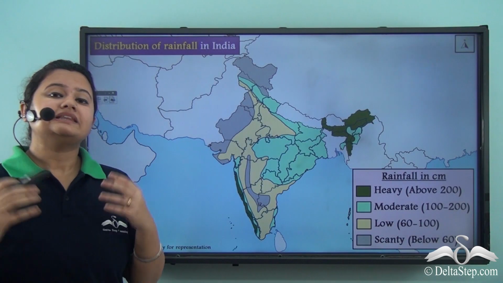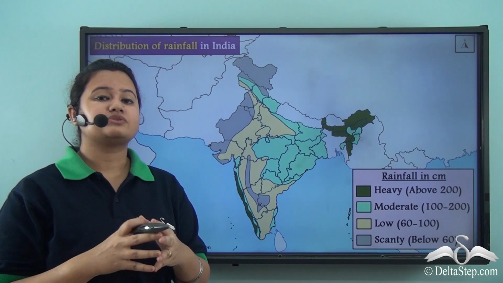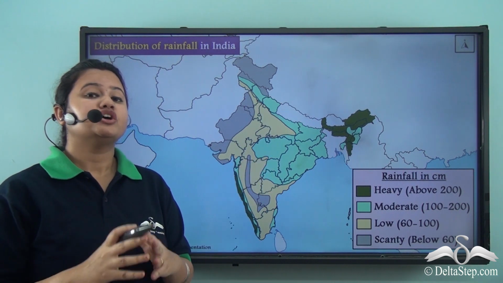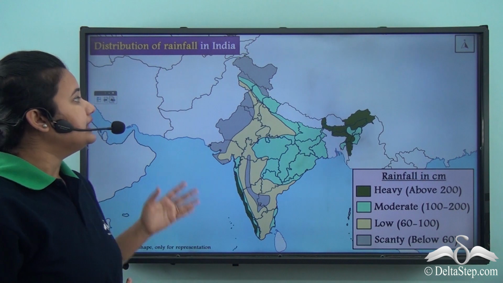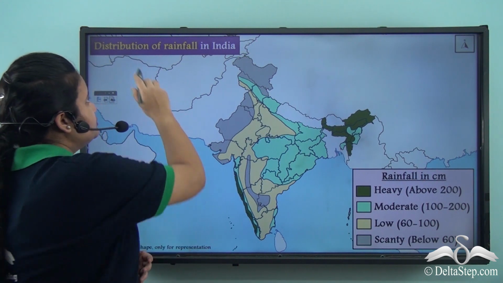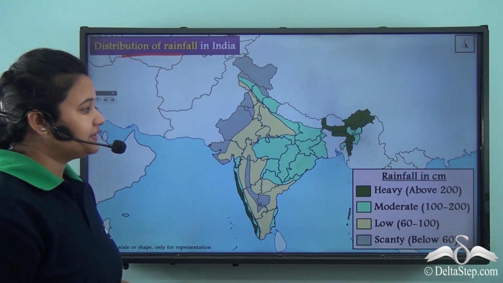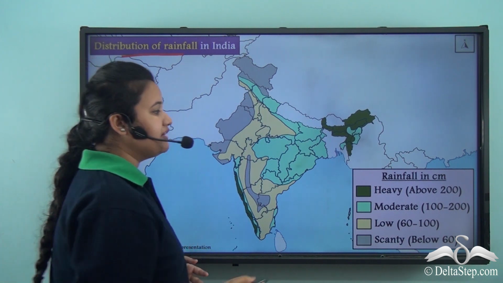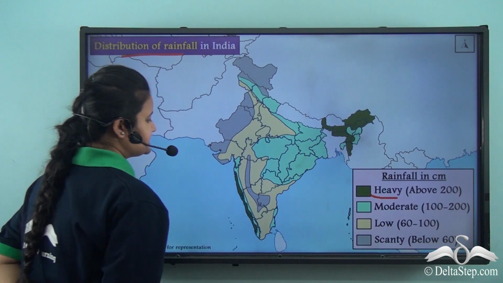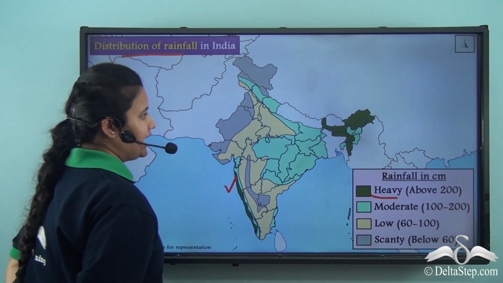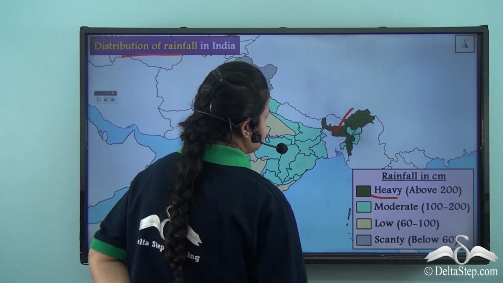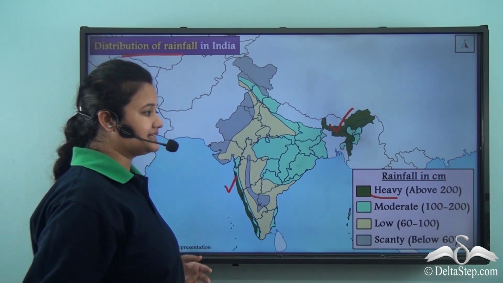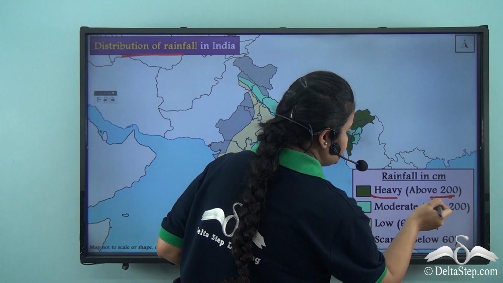Now, not only the timings of monsoon winds vary, but also the rate of precipitation differs throughout the country. Well, this map shows the distribution of rainfall in India. Here we can see that there are some portions that receive heavy amount of rainfall, that is the western coastal plain of India and the northeastern part of India. The amount of rainfall occurring in these regions exceeds 200 centimeter.